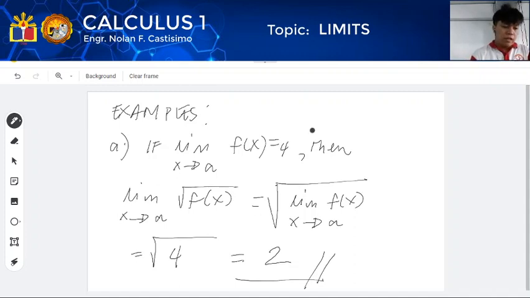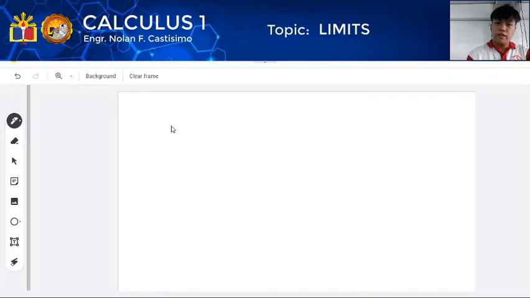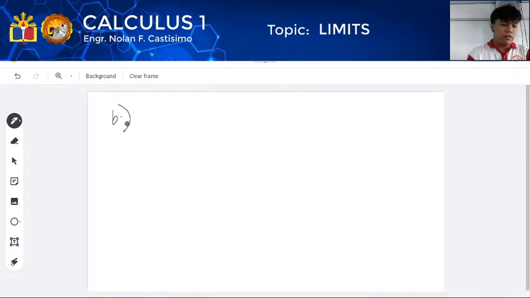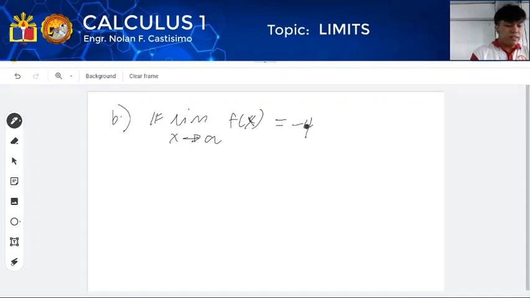Next, letter B. Letter B example. If the limit of f of x as x approaches a is equivalent to negative 4. Then, ano yung magiging sagot natin?